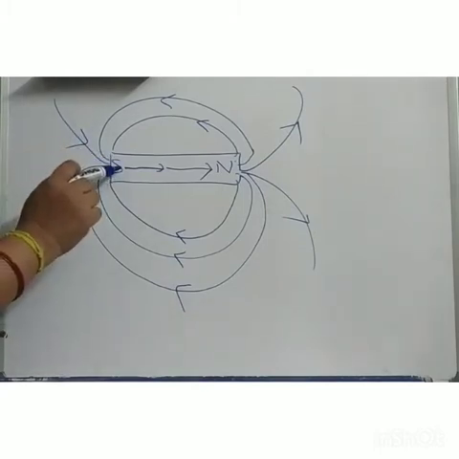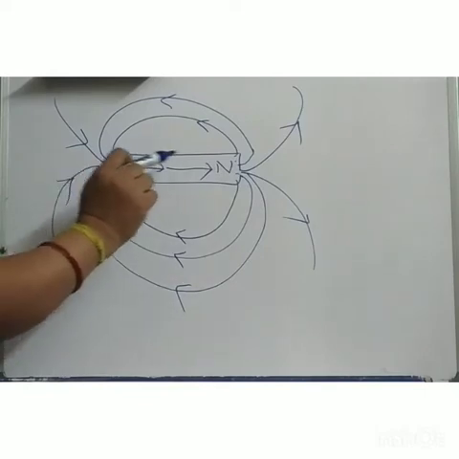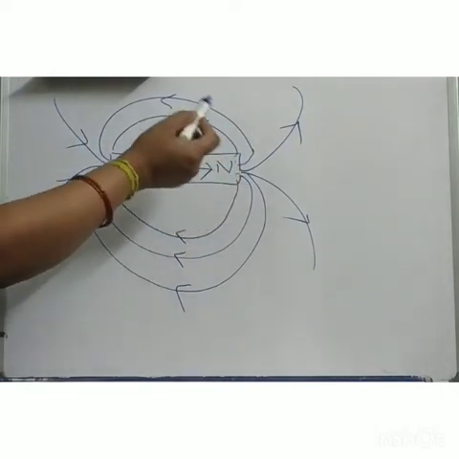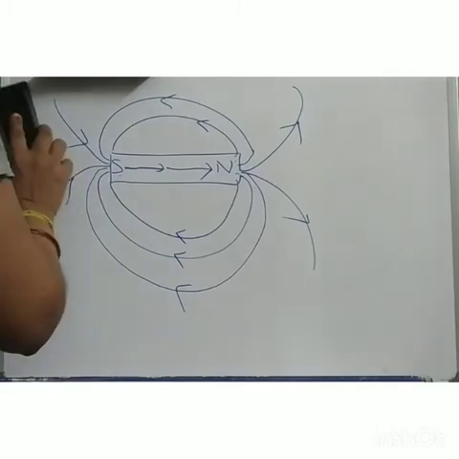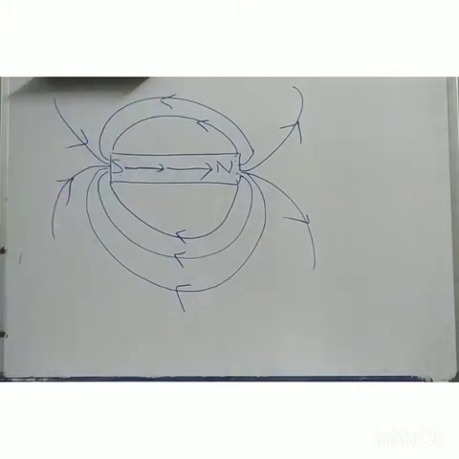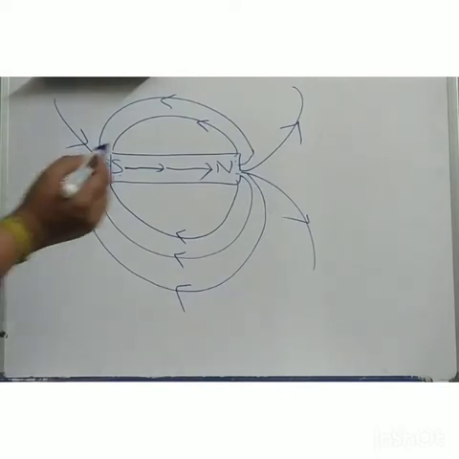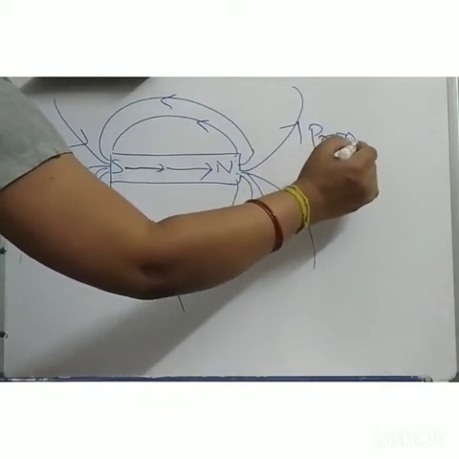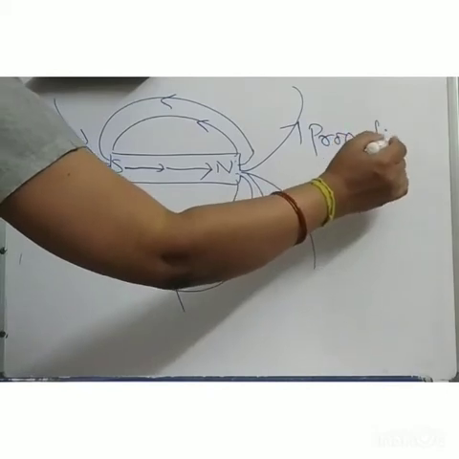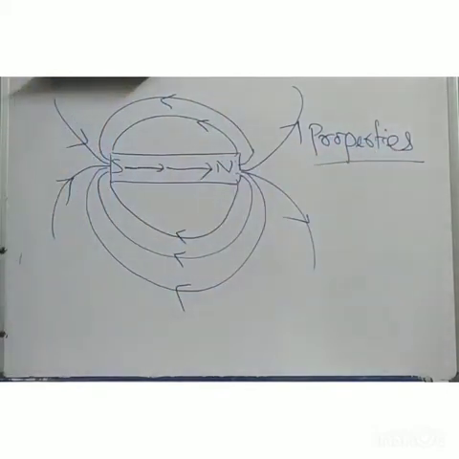Inside the magnet, the field lines are from south to north, and outside of the magnet, it is from north to south. Clear? Now, let this diagram be there. It should be here, so it will be much easier to explain. Now, we'll discuss the properties of field lines. Very important question, properties. Directly it comes in board.